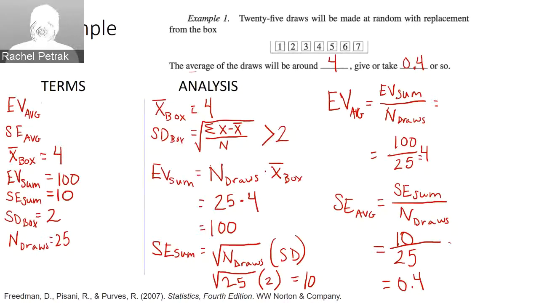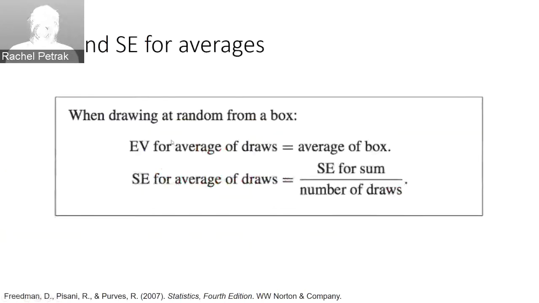So as you can see, to find the standard error for the average of the draws, you just go back and get the standard error for the sum and then divide by the number of draws. Let's look at this as a formula.